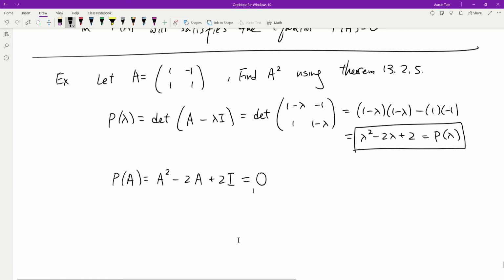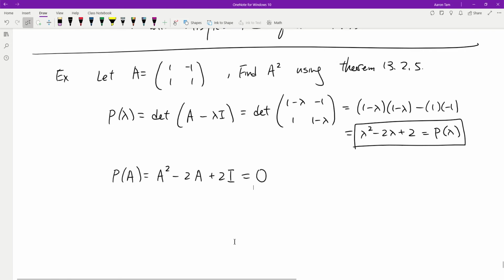Now, here's an interesting thing. If I look at this equation right here, this equation actually has 3 different matrices involved, A squared, A, and I. We know what I is. That's the identity matrix. We also know what A is, because A is the matrix that's given to us.